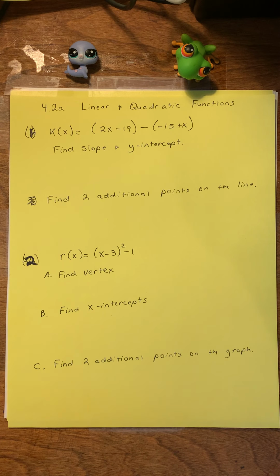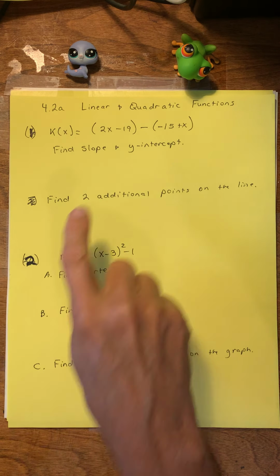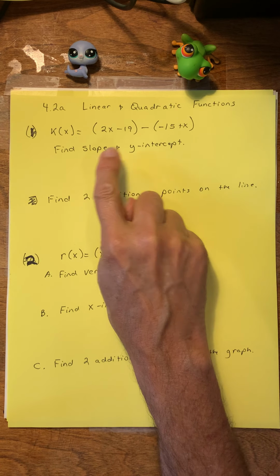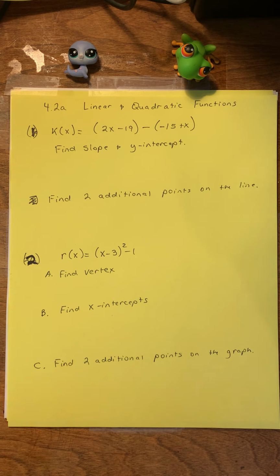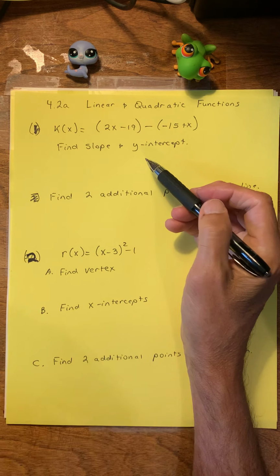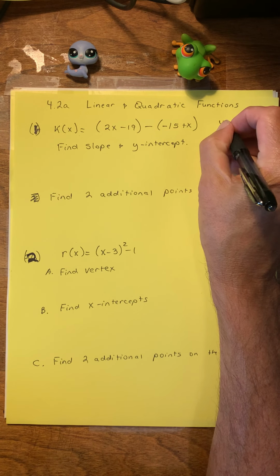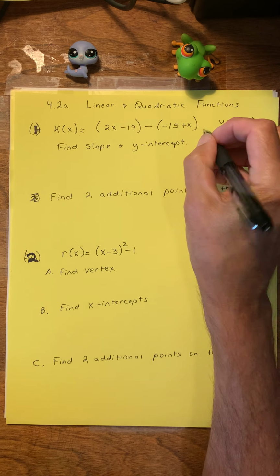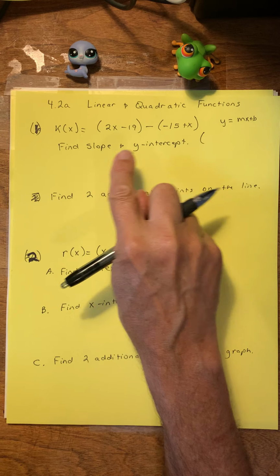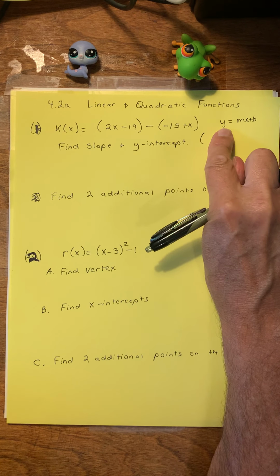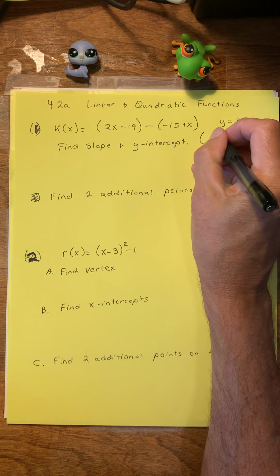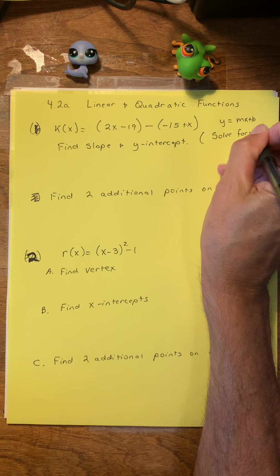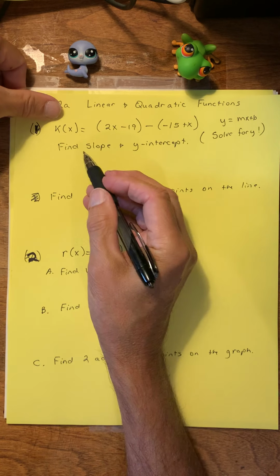Here's an example. It says a linear function. How do I know it's linear? It's asking me for a slope and a y-intercept. When they ask you for a slope and the y-intercept, it needs to be in the form y equals mx plus b. So what I do to find the slope and the y-intercept is solve for y. So here we go.